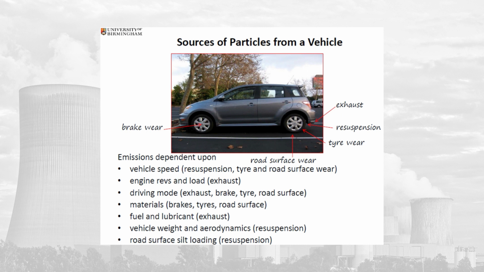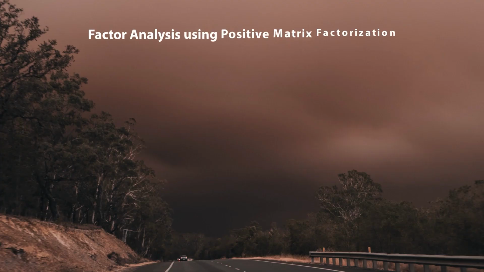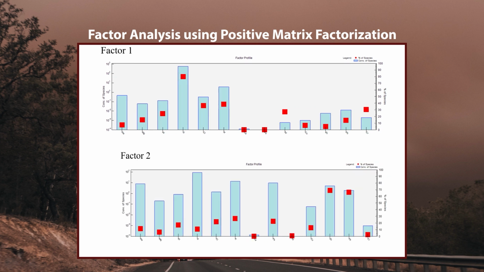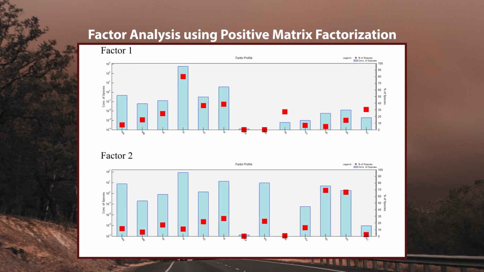So all these parameters are taken into consideration while calculating the contribution from each source. PMF gives values like this, and based on this we can come to a conclusion.